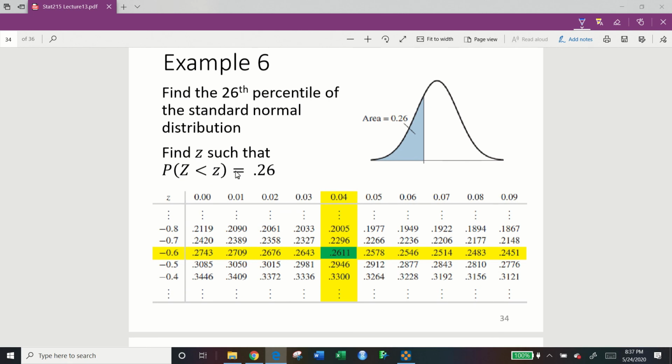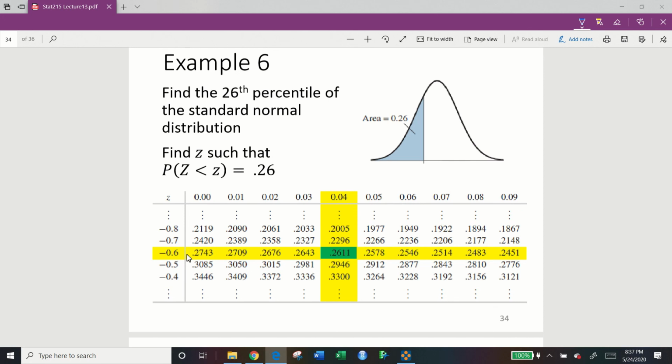So in this case, we want to find the 26th percentile of our standard normal distribution. So we want to find the area 26% to the left of the curve, meaning we want to find z such that the probability of z less than z equals 0.26. So when we take a look at our z chart, and this is an excerpt of it, we're going to want to get as close to 0.26 as possible.